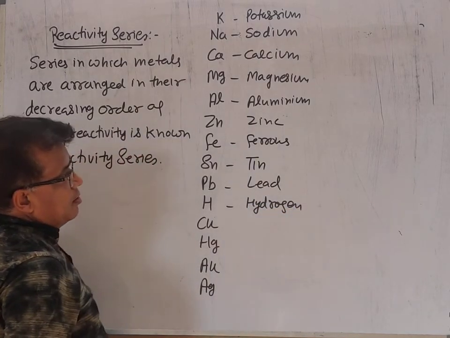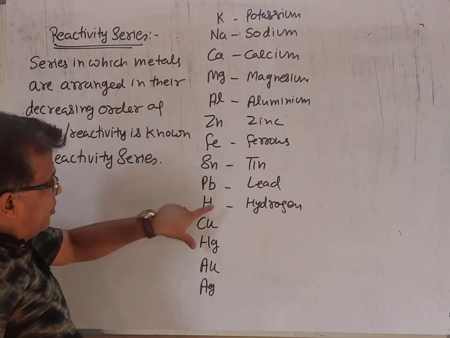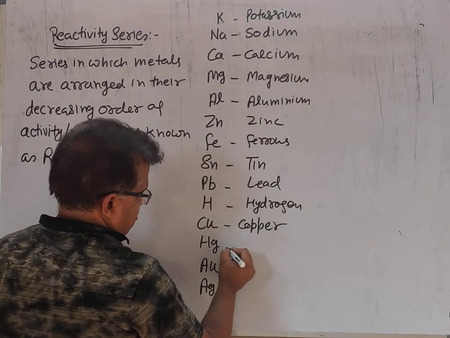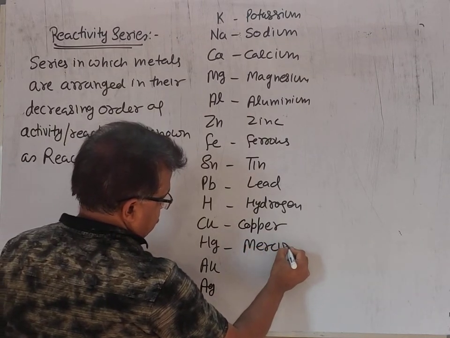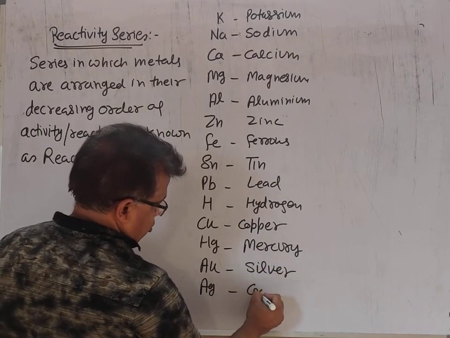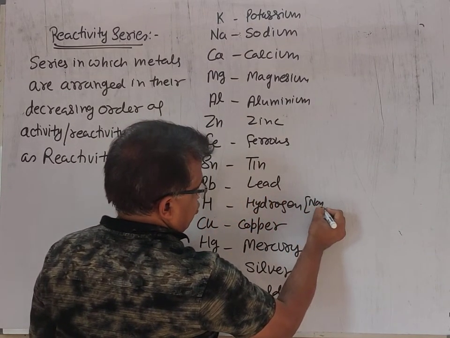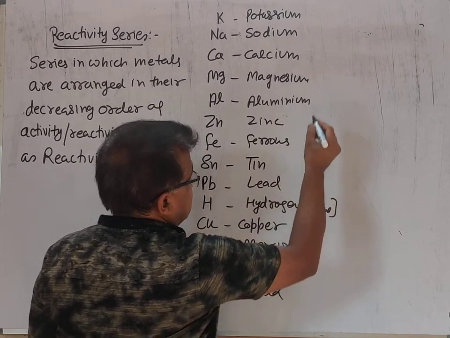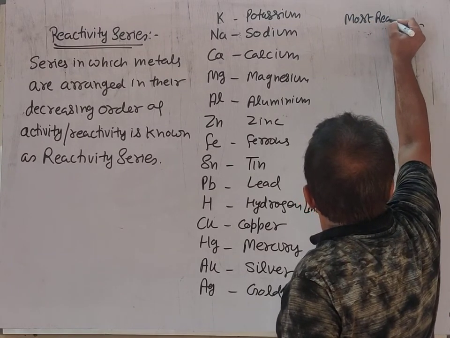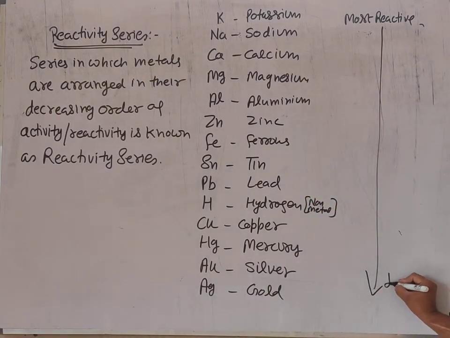Hydrogen is not a metal, it is a non-metal. All others are metals, and their reactivity is compared with respect to hydrogen. Then copper, mercury, silver and gold. All others are metals and they are in decreasing order, meaning the first is the most reactive metal, reactivity goes on decreasing, and the last is the least reactive.